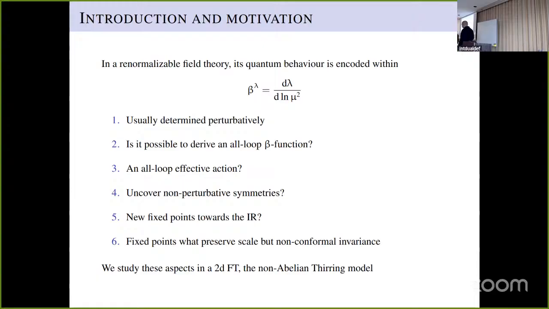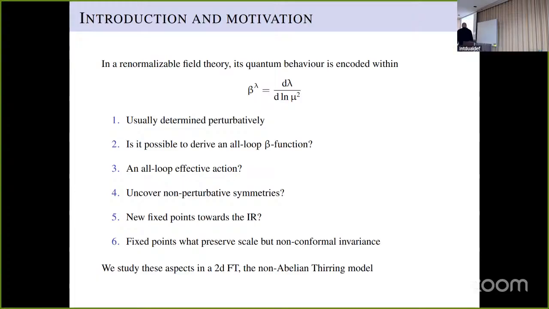Another question is, imagine that this hadn't been done, so we start from the Gaussian point and perturb order by order. Can we find a no-loop effective action, an action that can have some kind of one-loop beta function which will capture this one? Why that one? Because if we have the all-loop beta function, we can uncover non-perturbative symmetries.